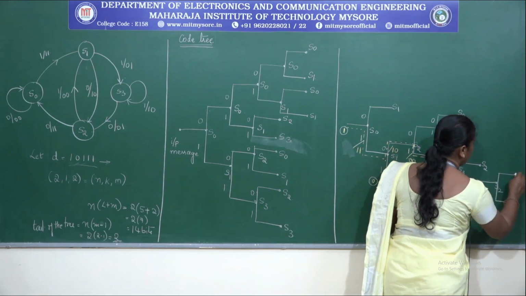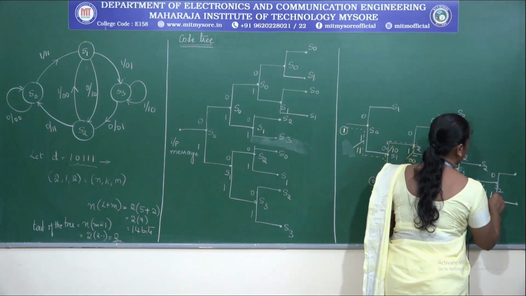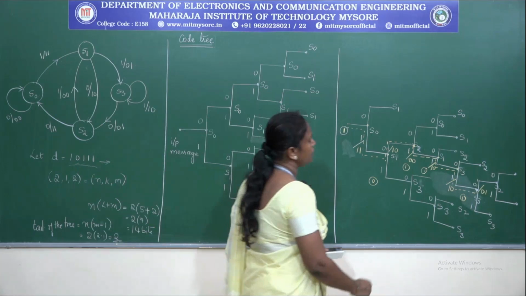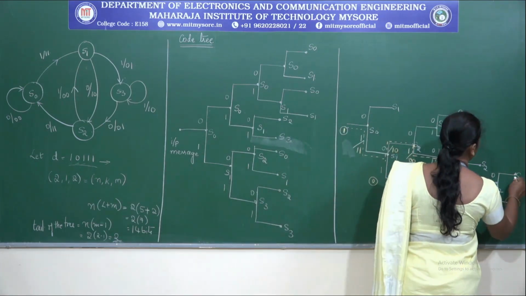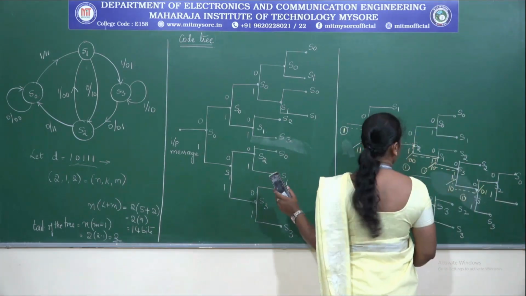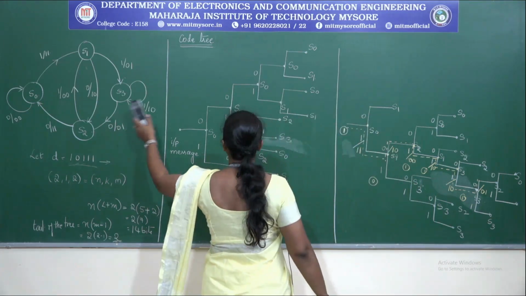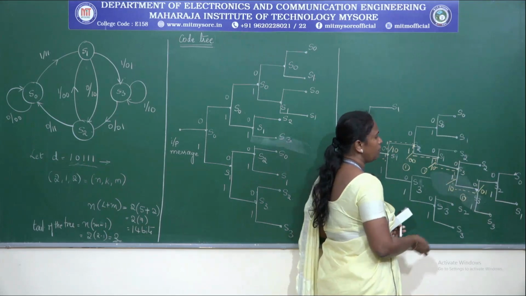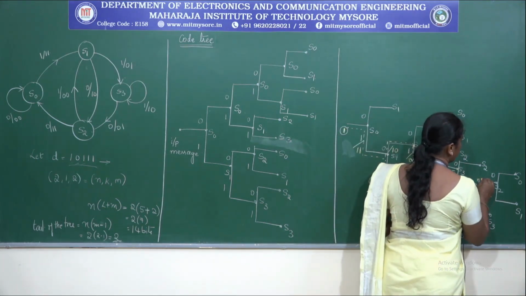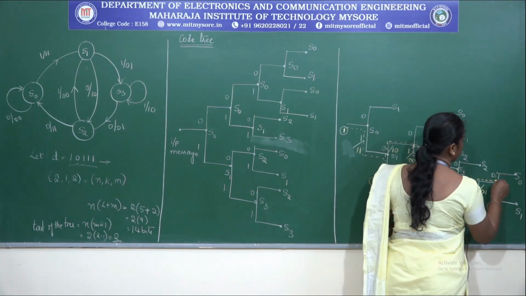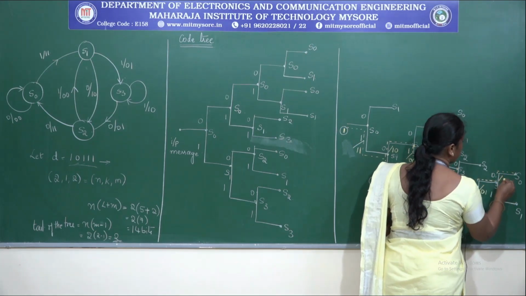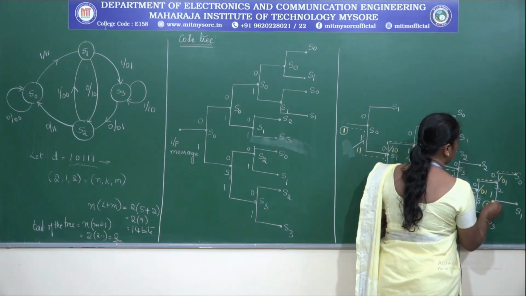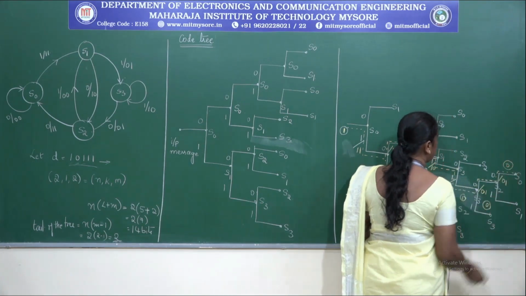S2 with input 0 and 1: with input 0, it makes a transition to S0, and with input 1, it makes a transition to S1. That means now we need to consider one more stage here with input 0. What is the output? The output is 0 1. This is for the message input 0 and this is for the message input 0.